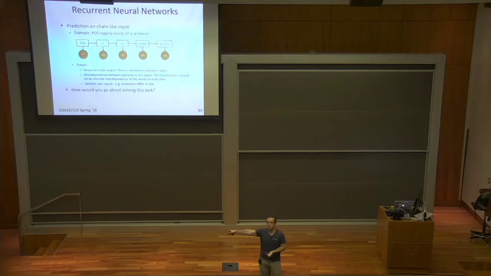Let's say it's the same manager that asked you to create an image recognition system, and now asks you to create a system for this. How would you deal with this? Joel, do you have any ideas?